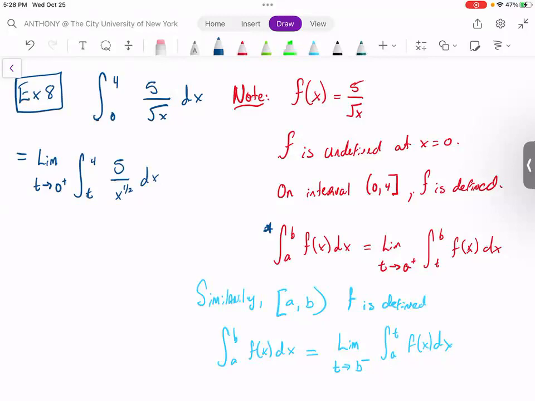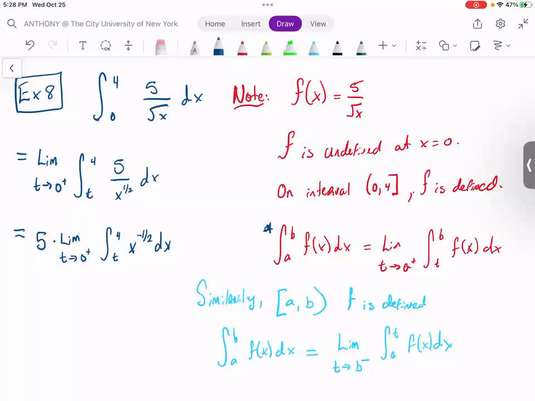Now I can do a couple of things before I evaluate the limit. First, I can pull the 5 out of the integral, and bring the x to the 1/2 up into the numerator. So we have 5 times the limit as t approaches 0 from the right of the integral from t to 4 of x to the negative 1/2 dx.